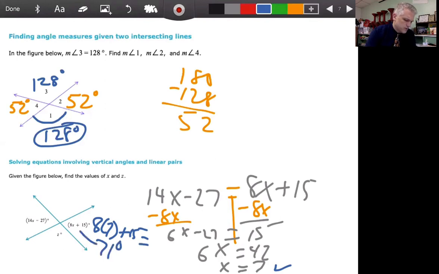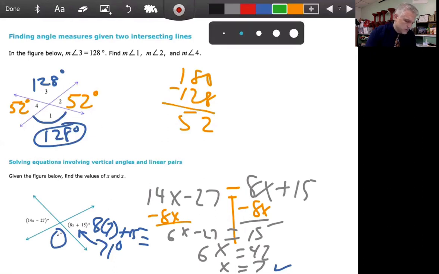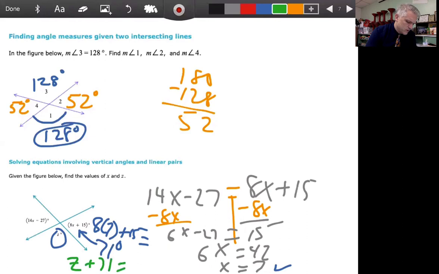So if this is 71 degrees, I know that z plus 71 gives me a line. So z plus 71 equals 180. Subtract 71 from both sides of that equation. I get z equals 109 degrees.